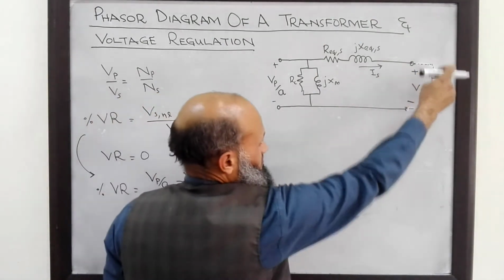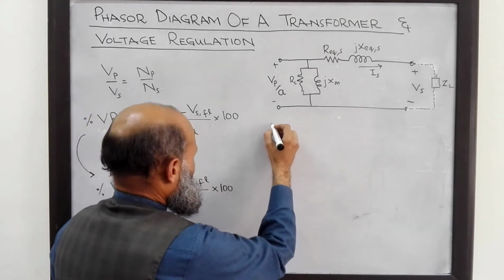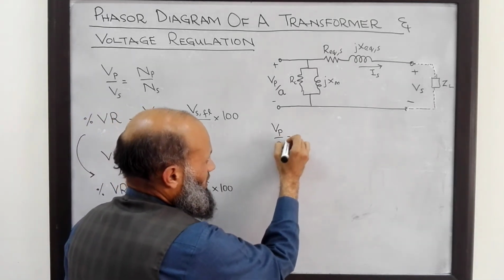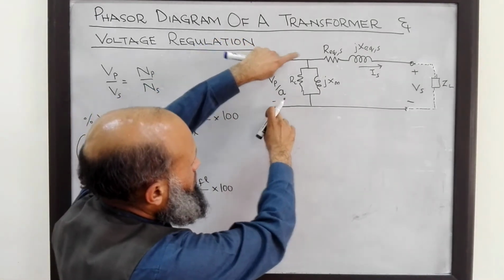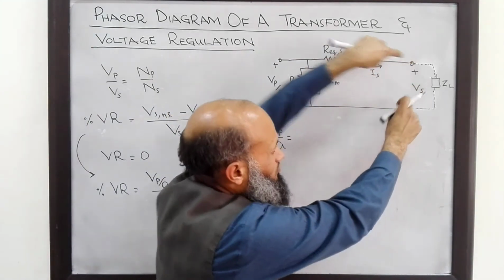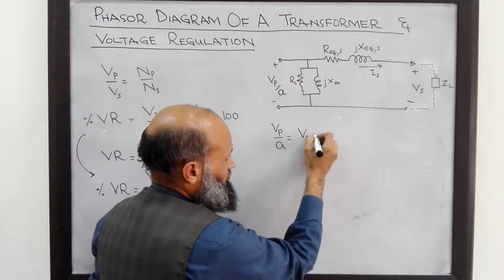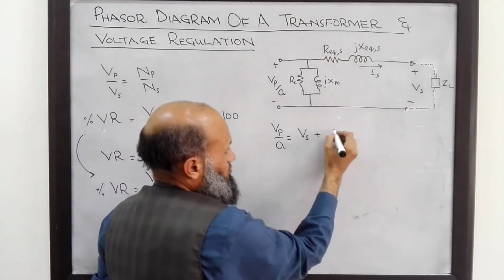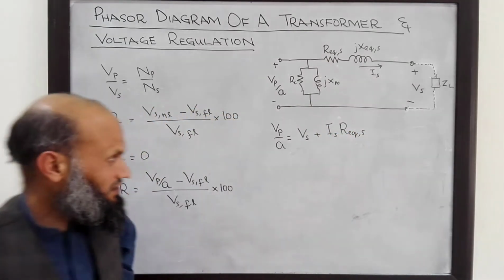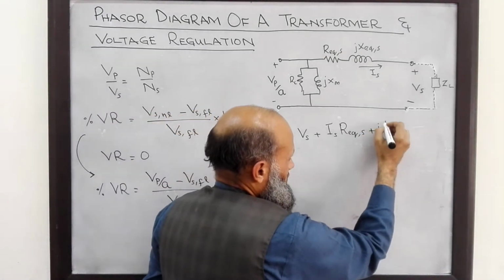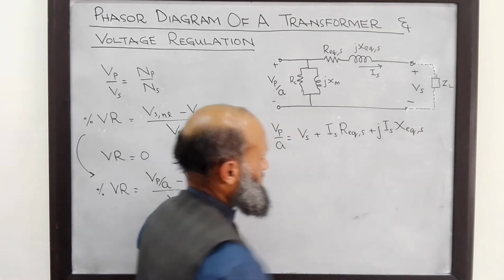We have connected the rated load on the secondary side, and what we observe, by applying Kirchhoff's voltage law, is that Vp over A is equal to Vs plus the voltage drop across this impedance, that is Vp over A is equal to Vs plus Is R equivalent referred to secondary side, plus j Is X equivalent referred to secondary side.